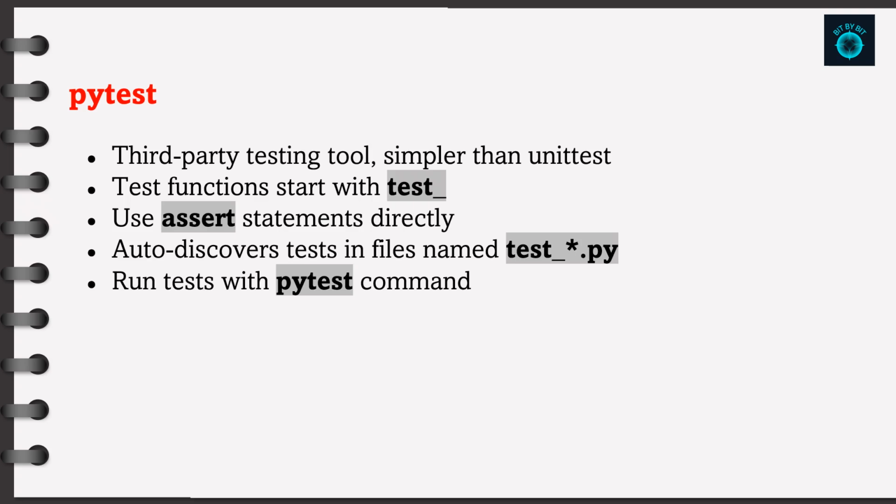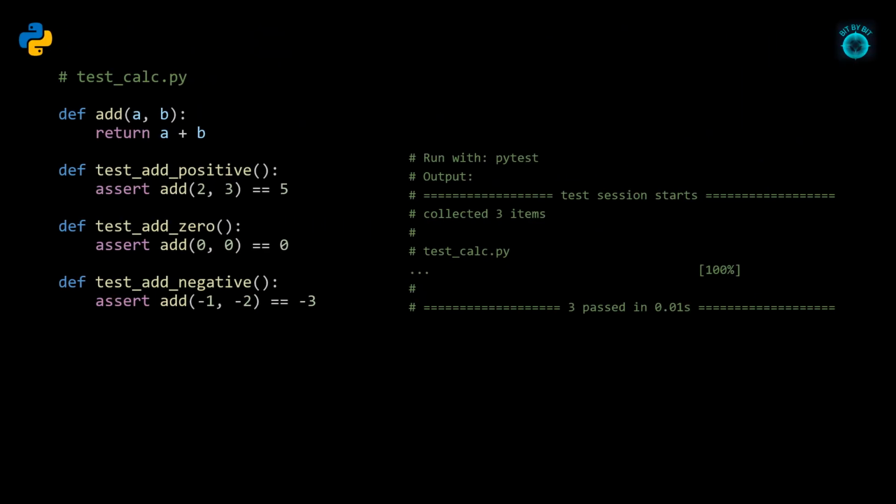Let's look at an example that shows how simple PyTest can be. In this example, we define a function called add that simply returns the sum of two numbers. Below that, we define three test functions. Each function name starts with test underscore, which is required for PyTest to recognize it.